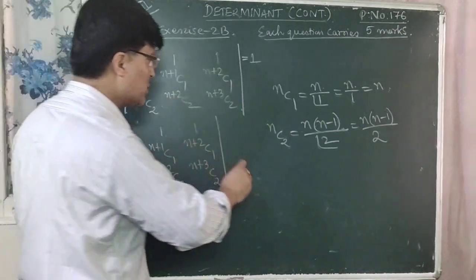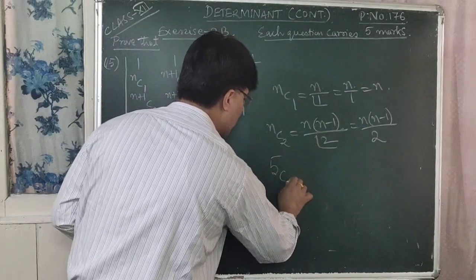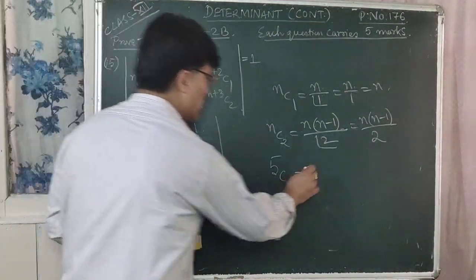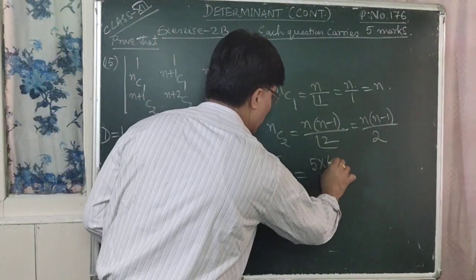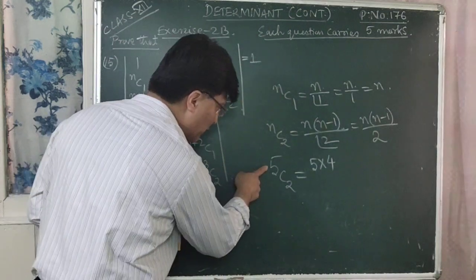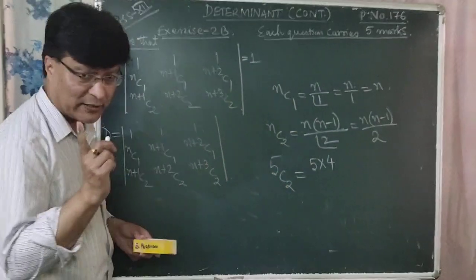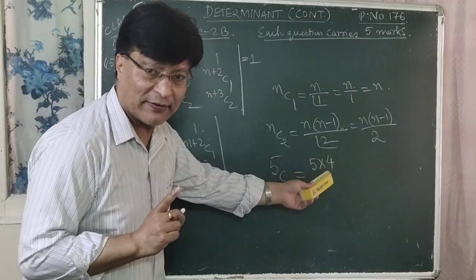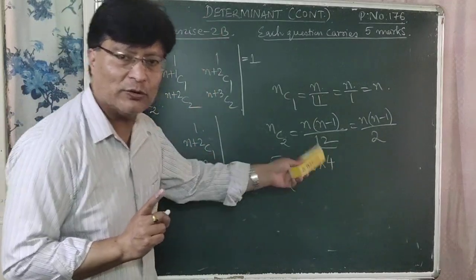Okay? Suppose you have 5C2, how can you simplify it? Starting from 5, how many factors will be there? 2 factors, 5 and 1 less than 5, that is 5 minus 1, which is equal to 4.